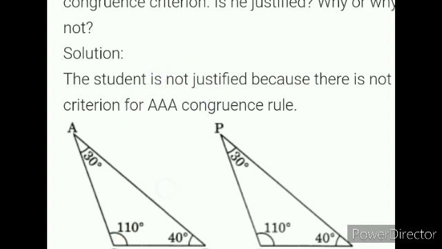By using this criterion, we cannot say two triangles are congruent. Using only 3 angles, we cannot say. At least we need one side measure. So this criterion is not defined. Therefore, the student is not justified. What he said is wrong. Copy down the solution.